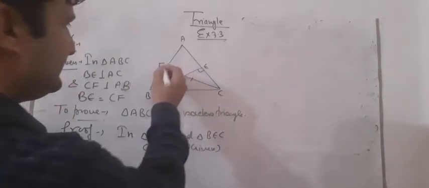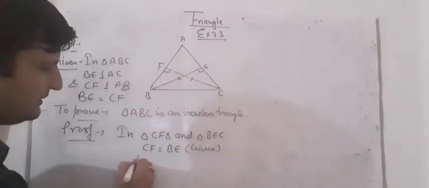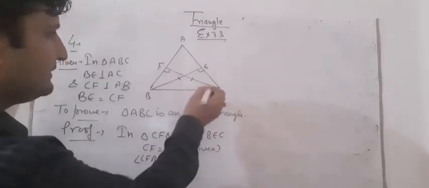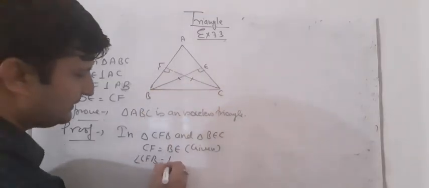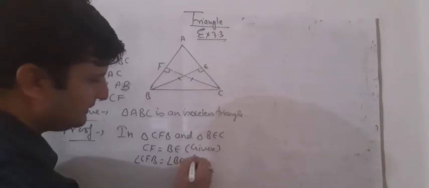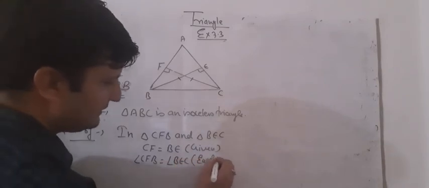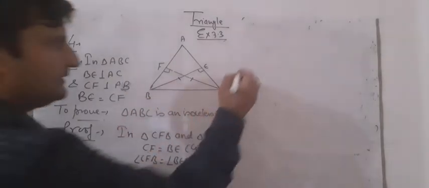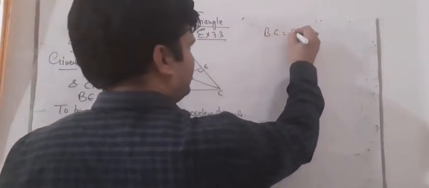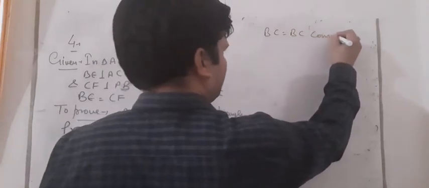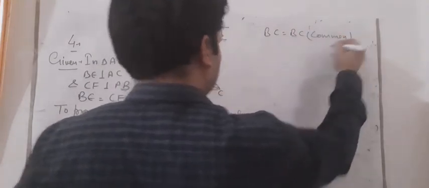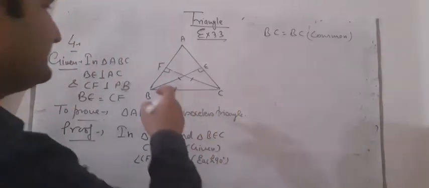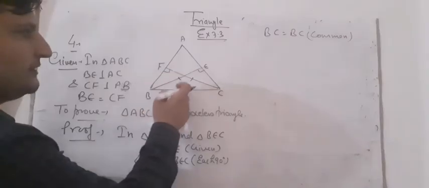And angle CFB is equal to angle BEC, each 90-degree angle. And we can say that BC is equal to BC. It is common. So in these two triangles, this is the right angle, this is the hypotenuse and this is the side.